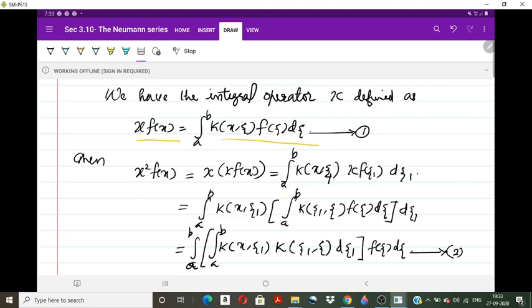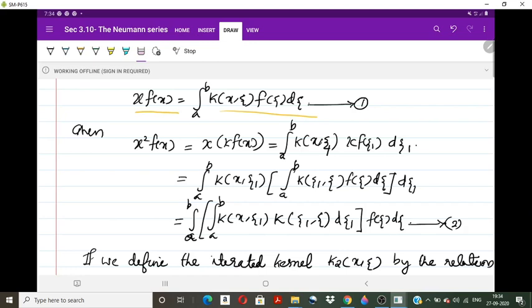What is kappa of f of theta 1? By equation number 1, kappa of f of theta 1 will be integral a to b, with theta 1 instead of x, k of theta 1 theta f of theta d theta. That will be kappa of f of theta 1.